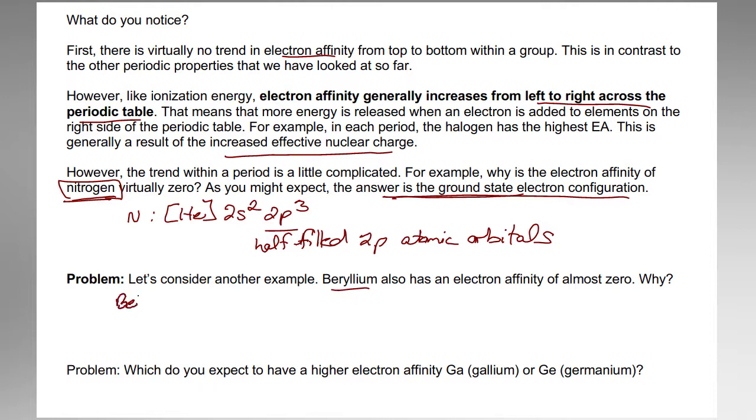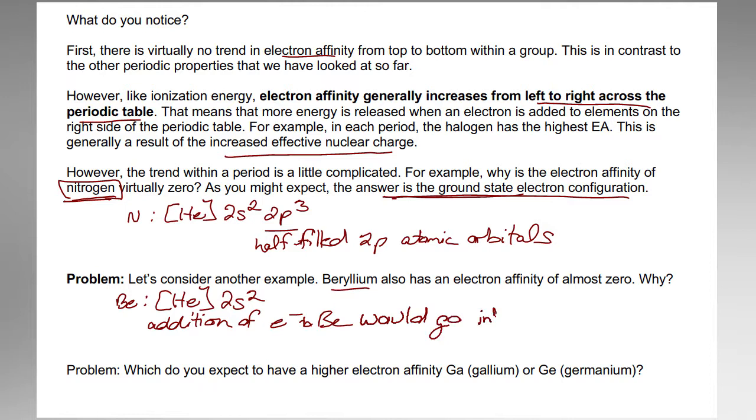Well, beryllium is the alkaline earth metal in the second period. So it has a helium closed shell configuration, and then a closed 2s atomic orbital with 2 electrons in it. So addition of an electron to a beryllium atom would go into the 2p atomic orbital.